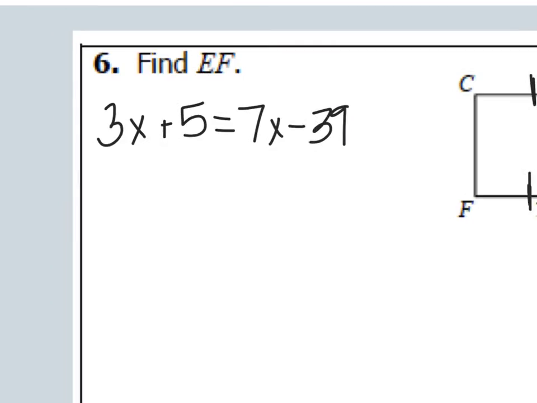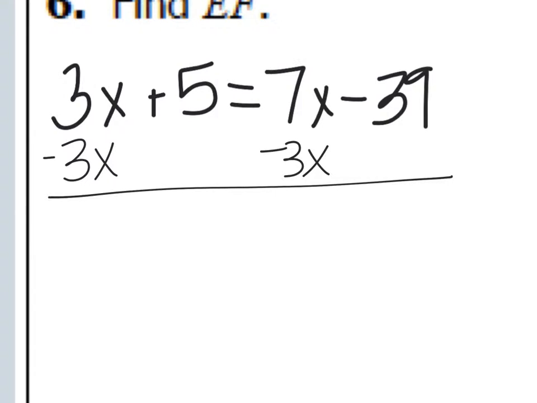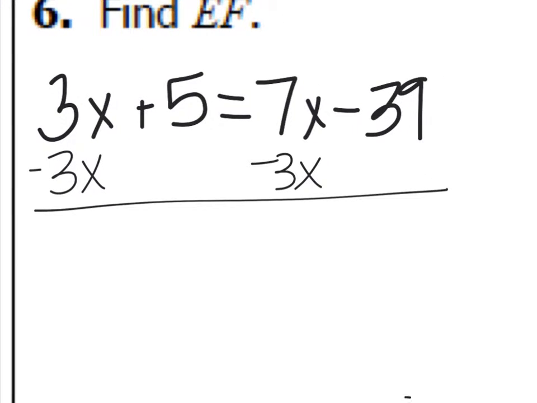Okay, I'm going to zoom in here so I can work and hopefully not cause chaos. I'm going to subtract 3x from both sides. So 5 equals 4x minus 39.